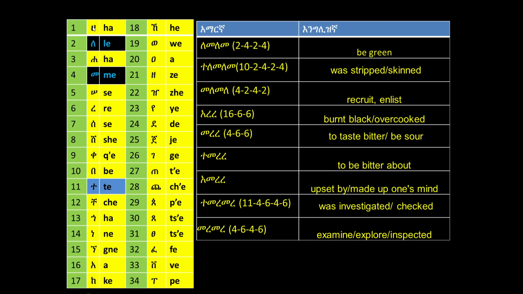When you go downward, ha is number 1, le is number 2, ha is number 3, me number 4, and so on. So la ma la ma la ma la.